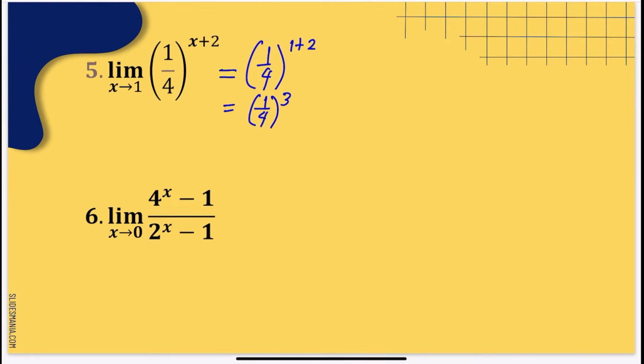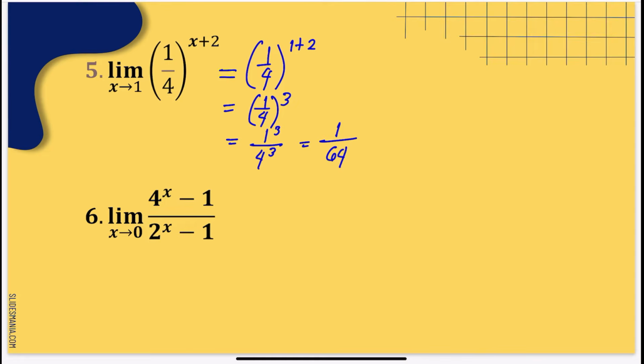So that is 1 raised to 3 over 4 raised to 3. 1 raised to 3 is 1. 4 raised to 3, that is 4 times 4 times 4, 64.